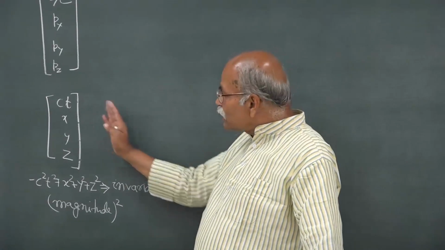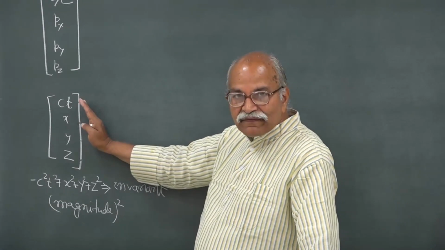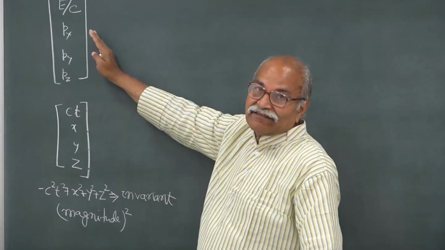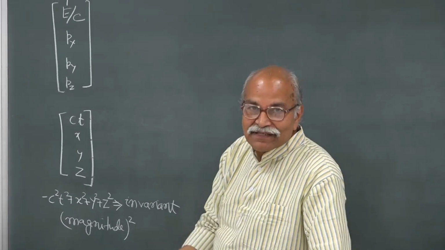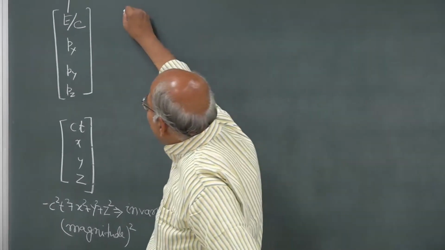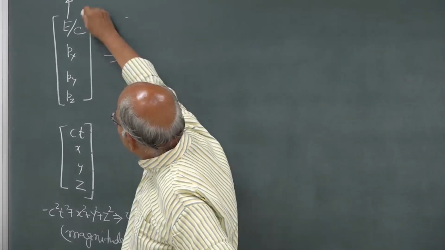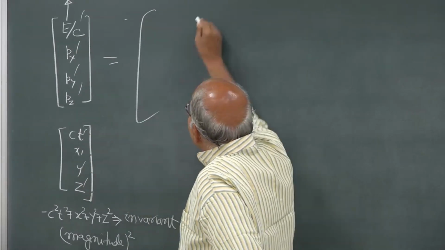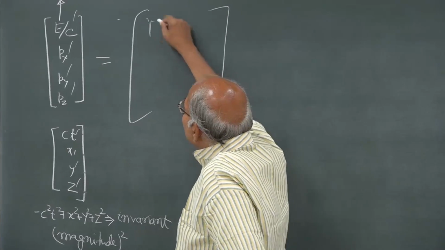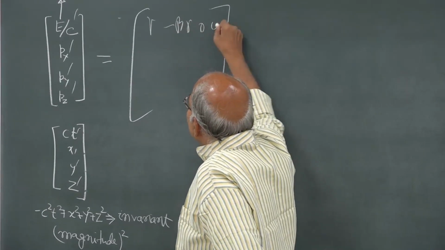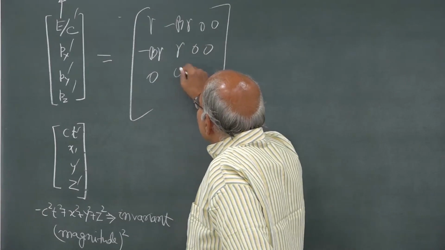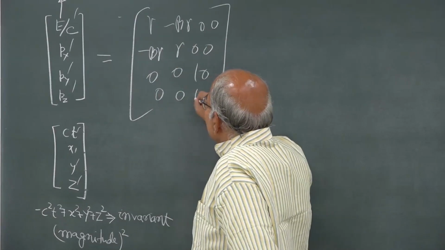And since the transformation of this 4-vector and this 4-vector are identical, that is why they are 4-vectors. That same matrix you have to write there. If you want the primed coordinates, you have to put a square matrix here: gamma, minus beta gamma, 0, 0; minus beta gamma, gamma, 0, 0; 0, 0, 1, 0; 0, 0, 0, 1.